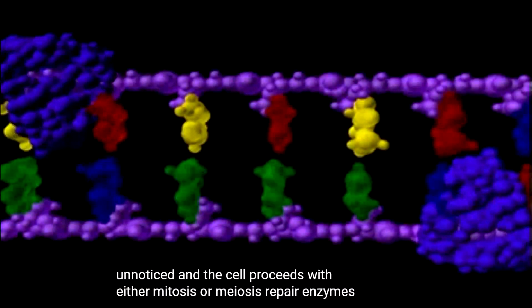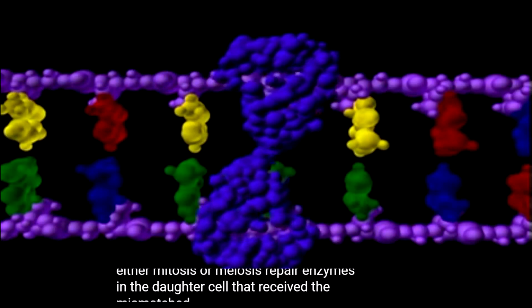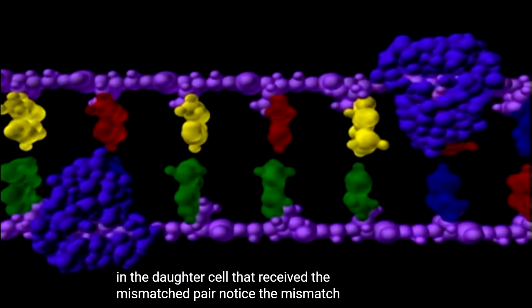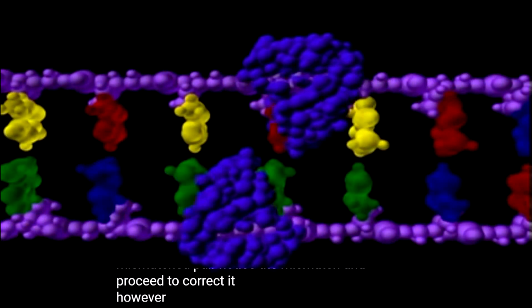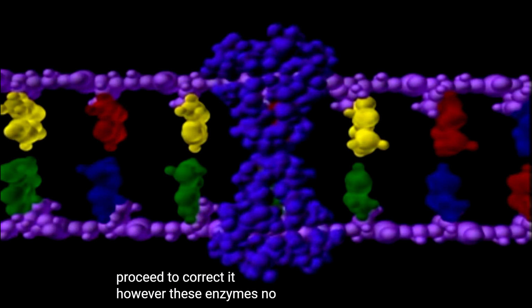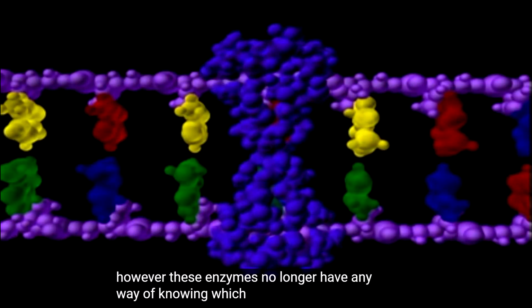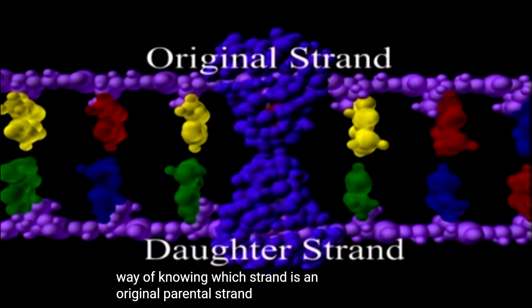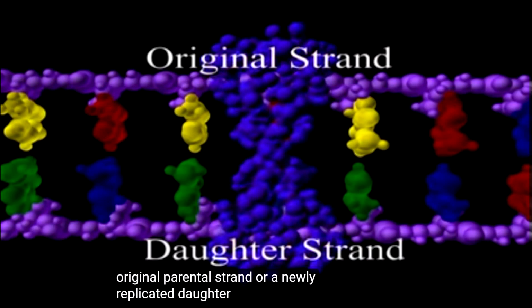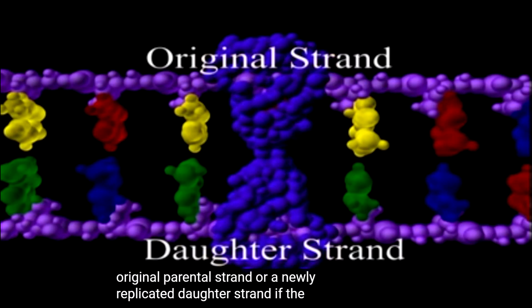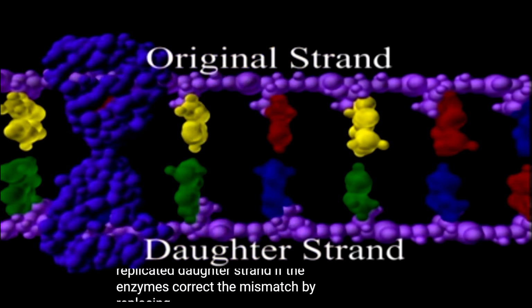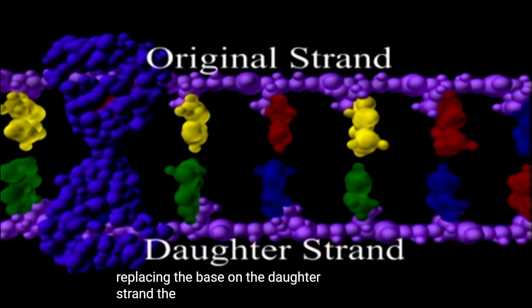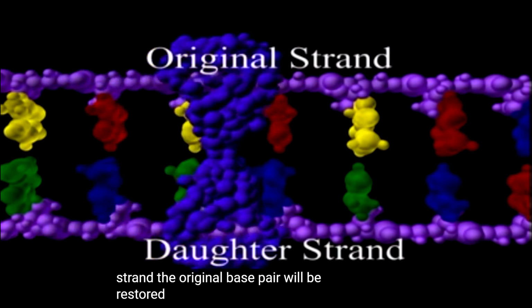Repair enzymes in the daughter cell that received the mismatched pair notice the mismatch and proceed to correct it. However, these enzymes no longer have any way of knowing which strand is an original parental strand or a newly replicated daughter strand. If the enzymes correct the mismatch by replacing the base on the daughter strand, the original base pair will be restored.